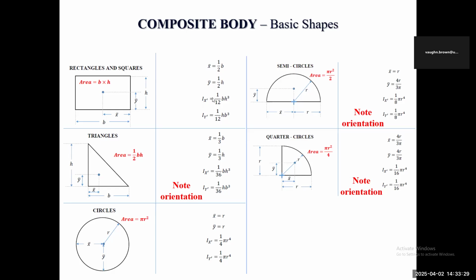It also will show you the inertia, so it's BH cube. There is a little thing I want to point out again: with the direction you look, the H and the B change. When you go in the y-axis, these quantities change around. This becomes H and this becomes B cube.